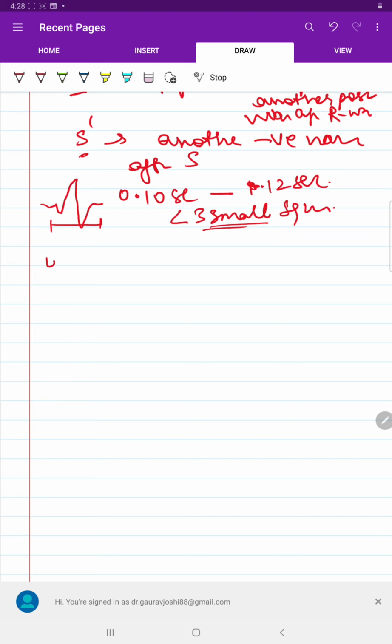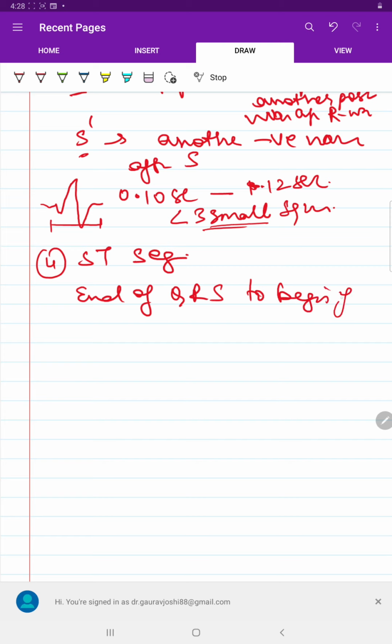Now coming towards the fourth point, ST segment. What is the ST segment? It's the end of QRS to the beginning of T wave, and it is also the beginning of ventricular repolarization.